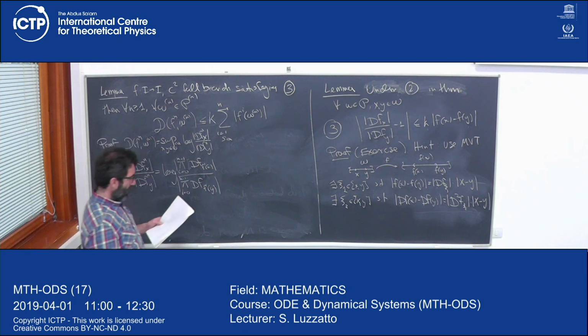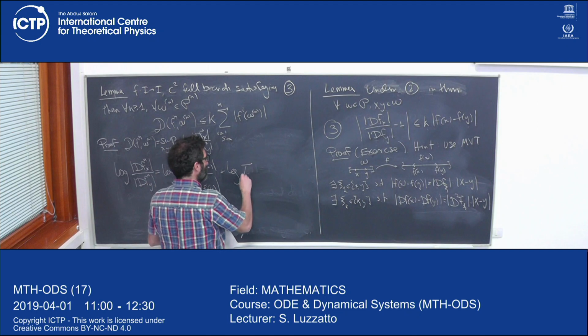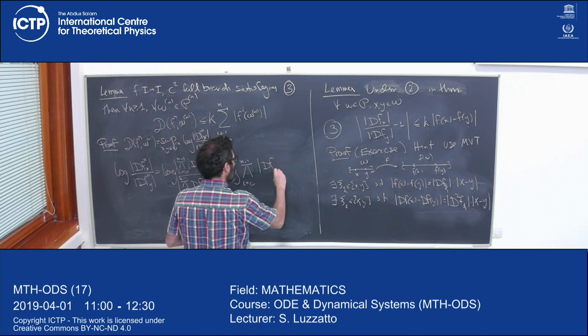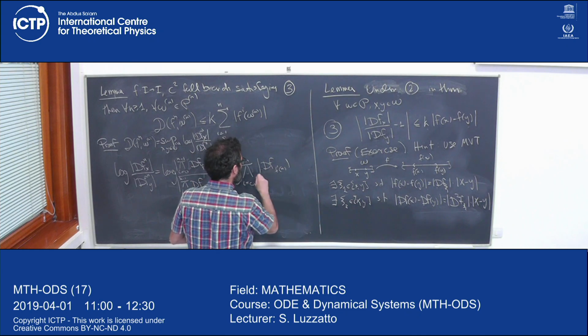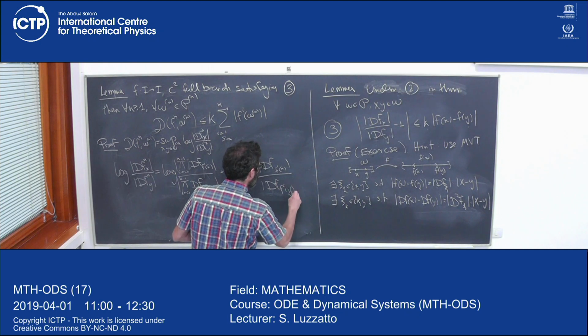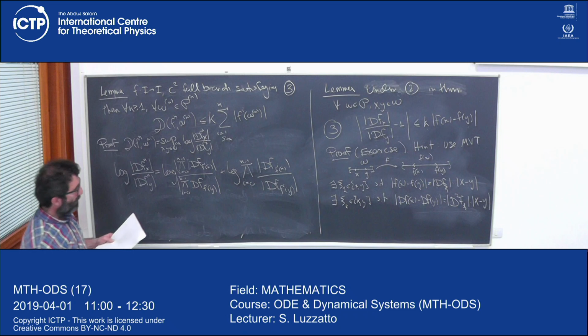Okay, and I can just write this as a single product, so this is log of the product, i equals 0 to n minus 1, of df(f^i(x)) over df(f^i(y)). So stop me at any moment if there's any problems, right?